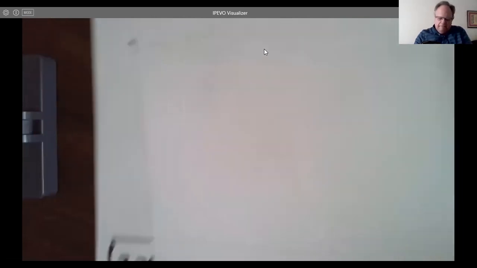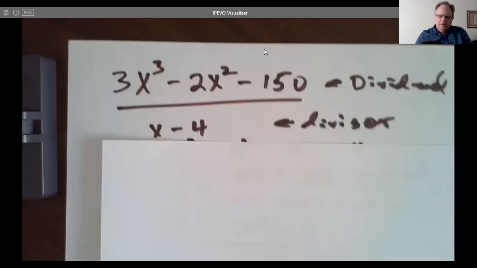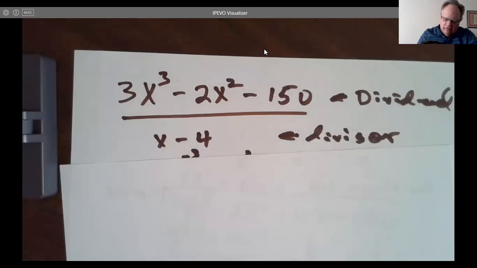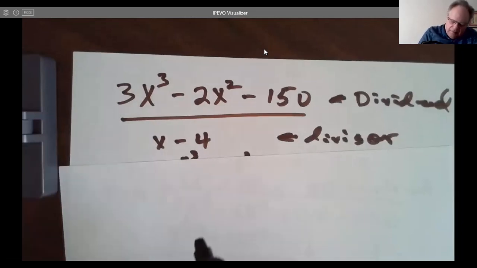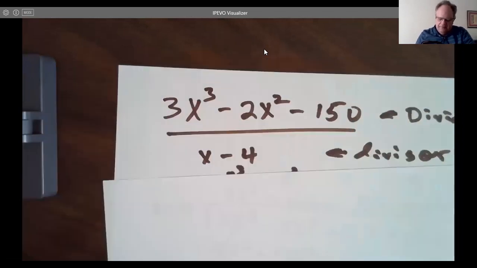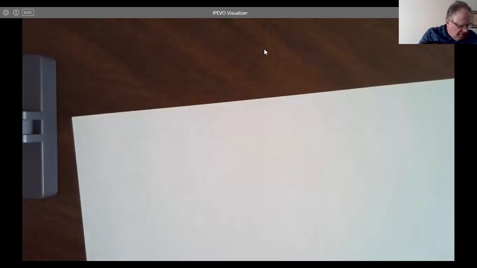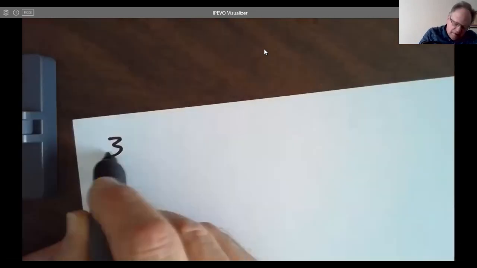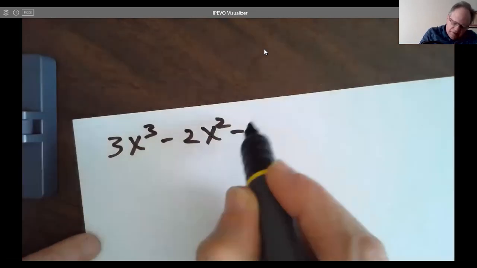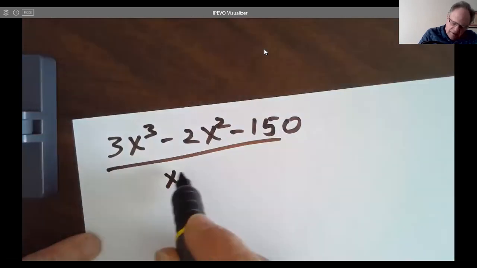Now, we can do this same problem using synthetic division. And let's see how that works. What we do here, I'll rewrite this. We started with 3x cubed minus 2x squared minus 150 over x minus 4.